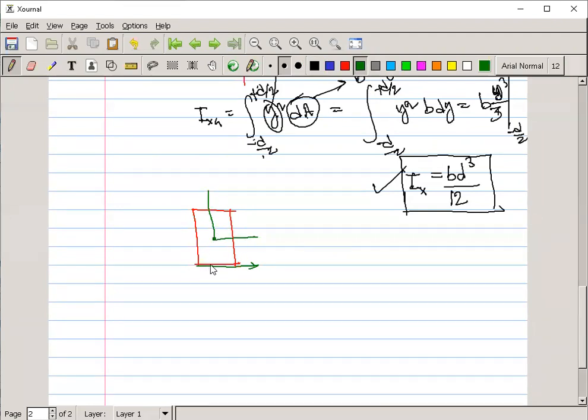Now you have to find it with respect to this axis. So how can you calculate this? I of x, or you can write capital X, no issue, is equal to I of small xg plus A into y square, right? So instead of y, what can you write?